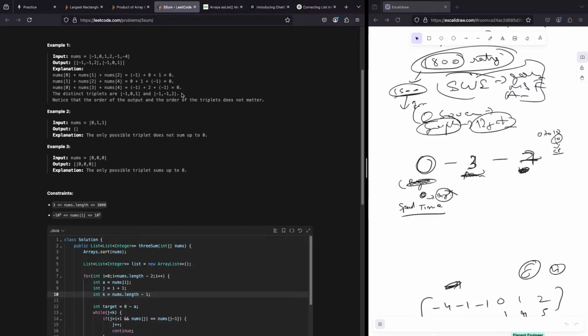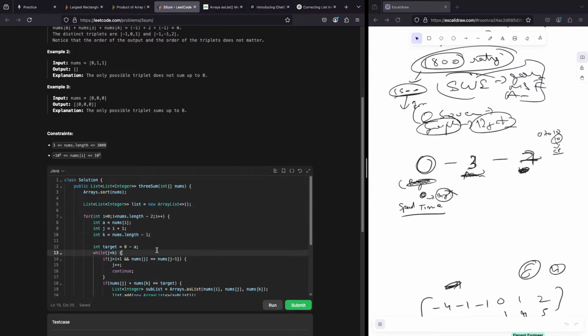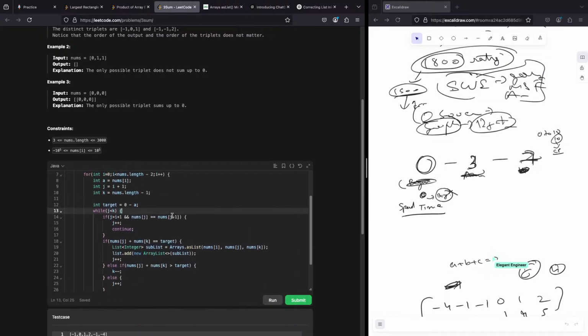That's the last thing that it has to be at. And A plus B plus C is equal to 0. Did I read the question? Yeah. A plus B plus C is equal to 0. So then A plus B should be equal to minus C. So what I'm saying is B plus C is equal to minus A, right?